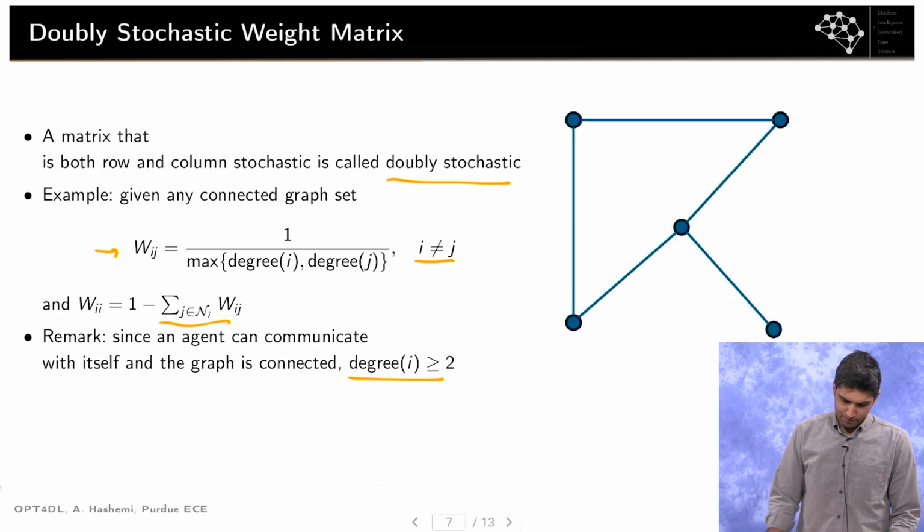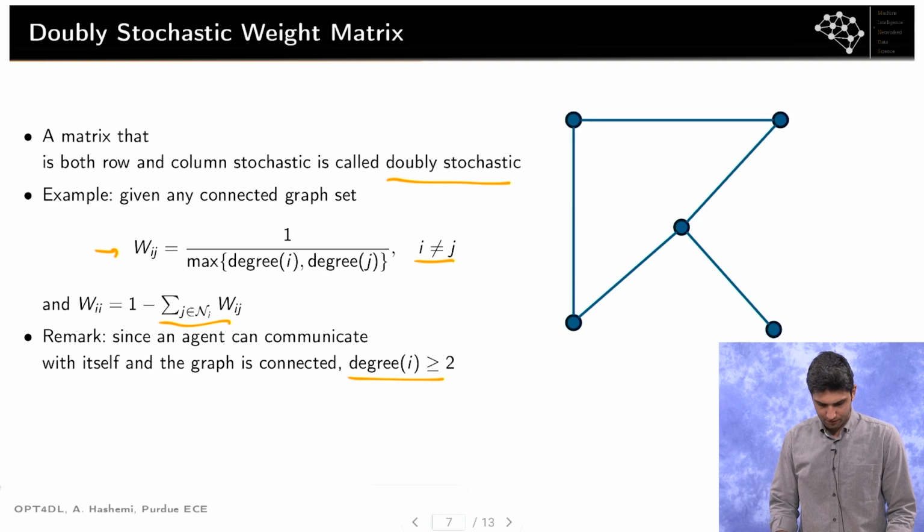All right. So let's look at this simple example to see what the weight matrix is according to this formula. I have 5 agents here. Let's try to determine the weights of each edge. Let's look at this edge.